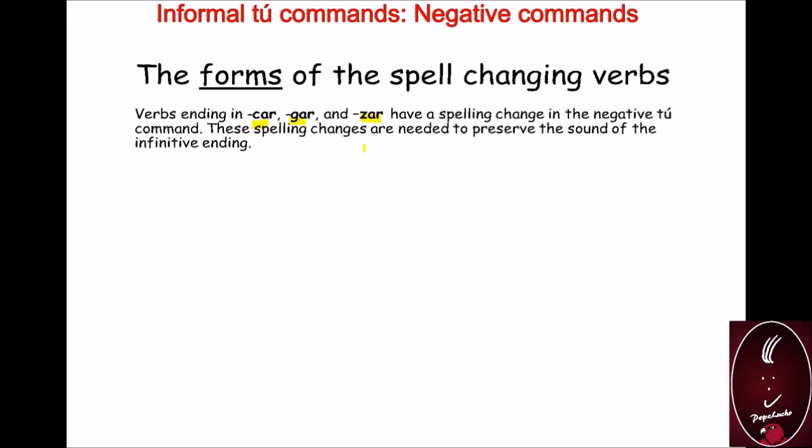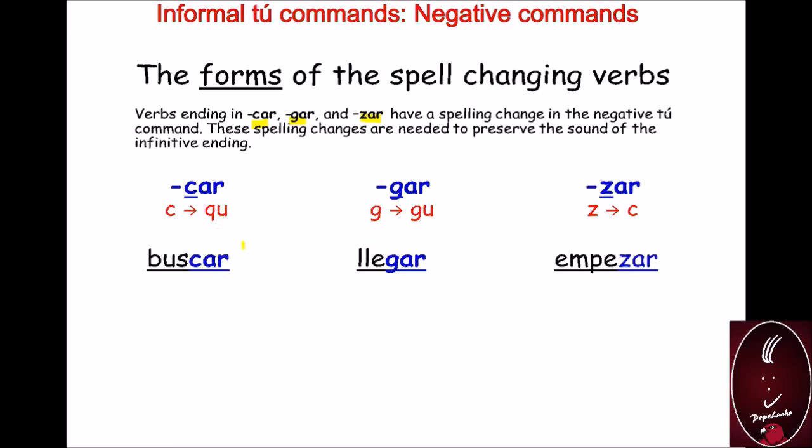Those spell changes are needed to preserve the sound of the infinitive form of the verb, because those car, gar, zar verbs are yo irregular verbs, because the first step is conjugate the verb in the yo form: yo busco, yo llego, yo empiezo.